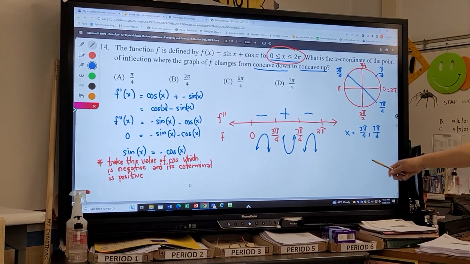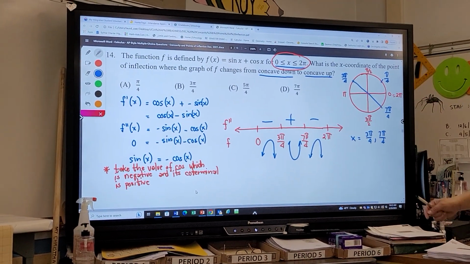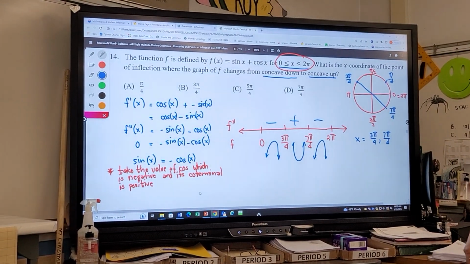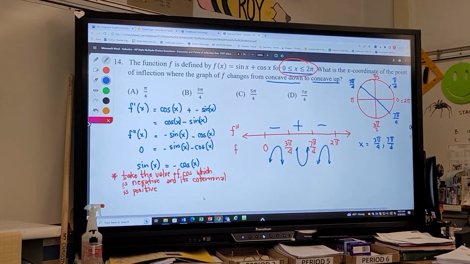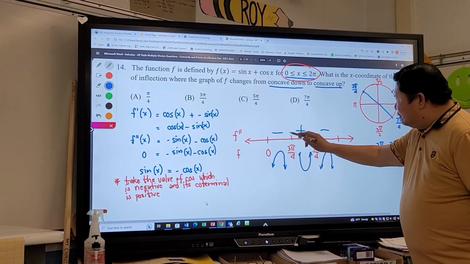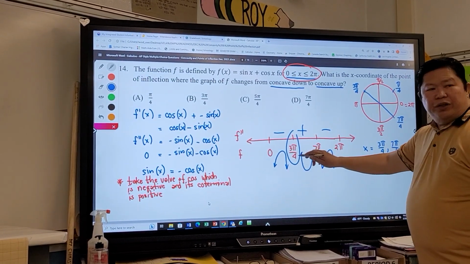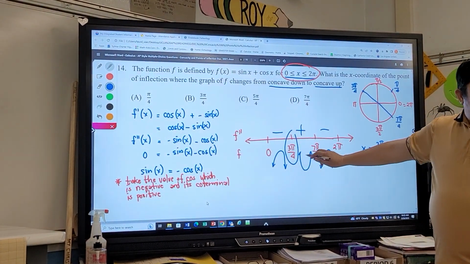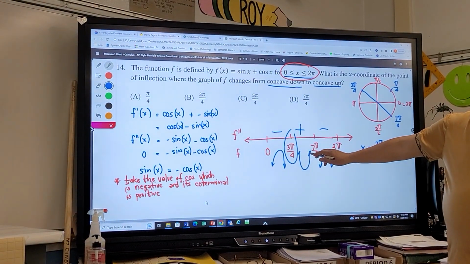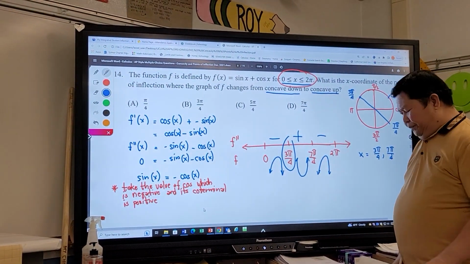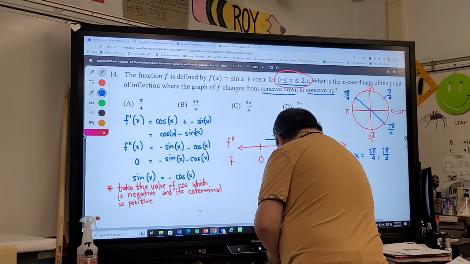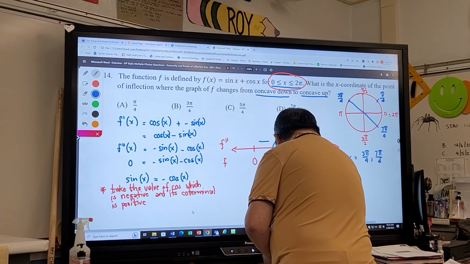Can you interpret this now? Concave down to concave up occurs when? At 3 pi over 4. So x is equal to 3 pi over 4.